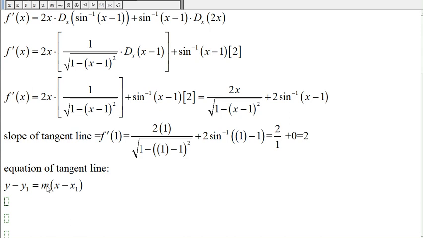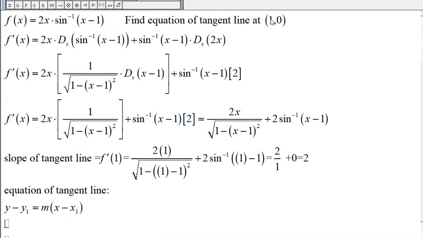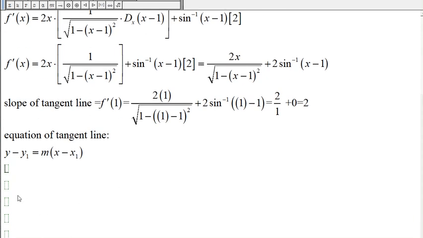And again, the x1, y1, that's the point that the tangent line passes through, which is 1, 0. And so we get y minus 0, and then the slope is 2, and then x minus 1. So the equation of the tangent line will be y equals 2 times x minus 1.